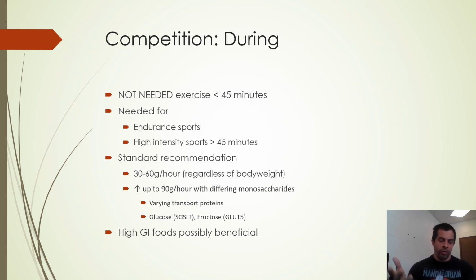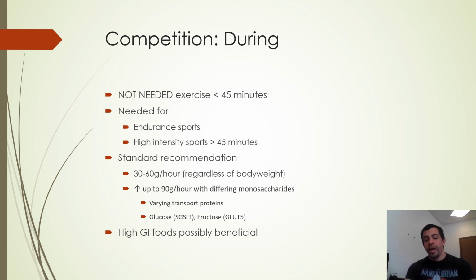This has been researched: our bodies, regardless of size, cannot change our absorption rates. So a 100-pound female should ingest roughly the same amount of carbohydrates as a 250-pound male, because absorption rates aren't going to be any greater depending on size.